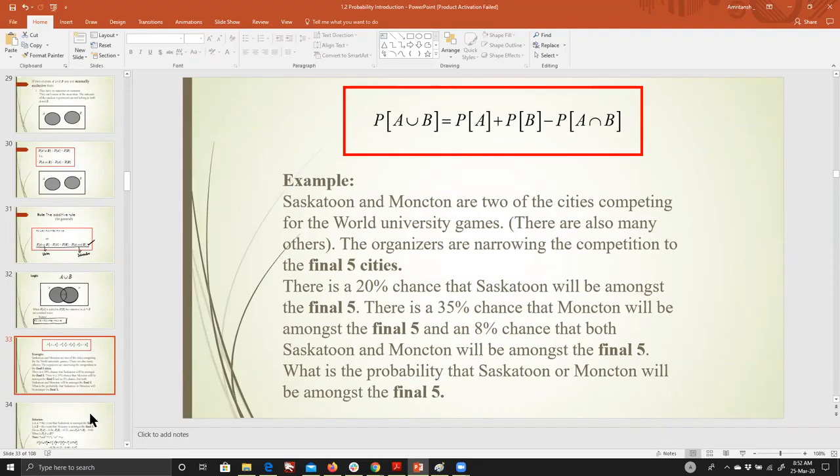How would you solve it? Okay, let's see. 47%. How did you calculate this? 37%. Okay, so what is the line of thinking? Can anyone explain?